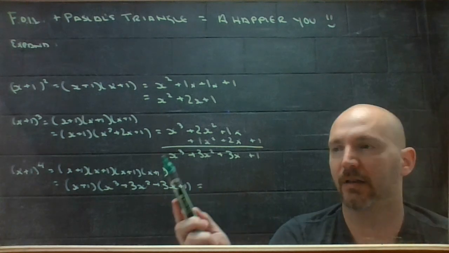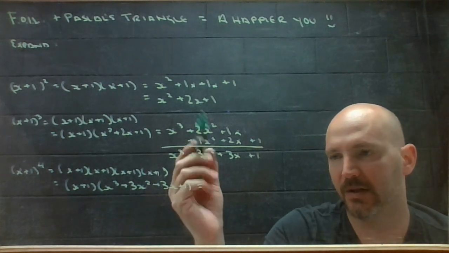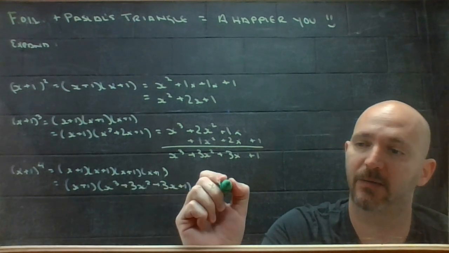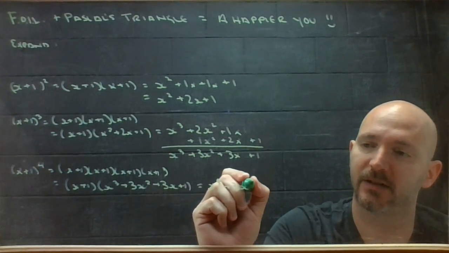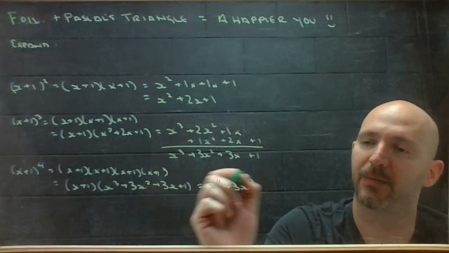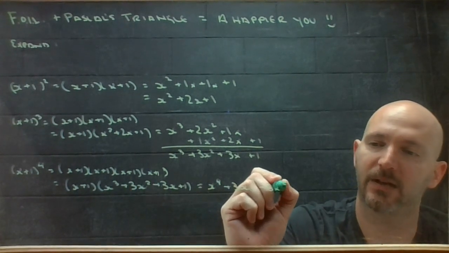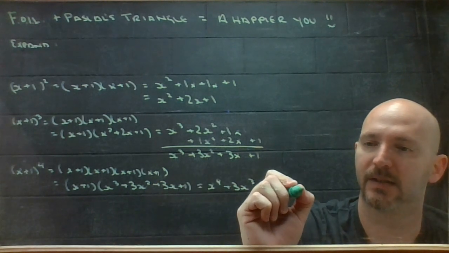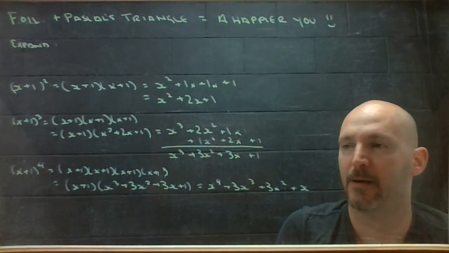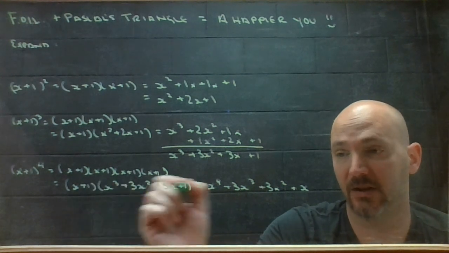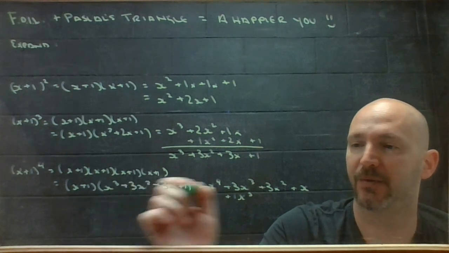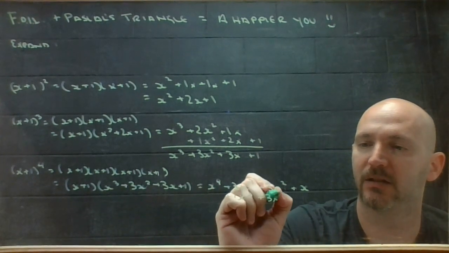So an x with an x cubed is an x to the 4. An x with a 3x squared is a 3x cubed. An x with a 3x is a 3x squared. And an x with a 1 is an x. Now, plus 1 with an x cubed would be plus 1x cubed. A 1 with a 3x squared would be 3x squared.